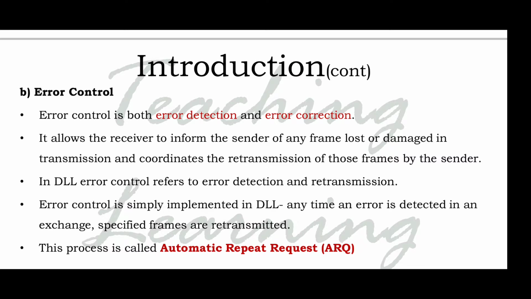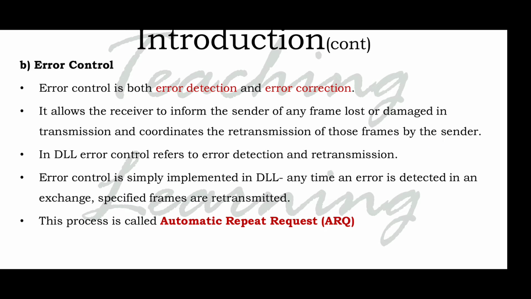Error control is simply implemented in the DLL: anytime an error is detected, the specified frames are retransmitted. So anytime an error is identified in the frames sent by the sender, the frames are retransmitted. This process is called automatic repeat request, that means ARQ. We are dealing with ARQ in the upcoming sections.